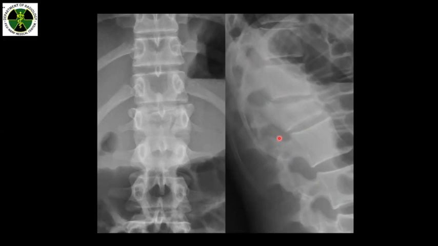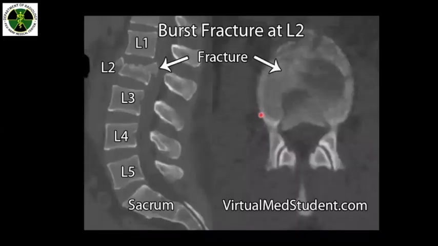Again, burst fracture is a fracture involving the anterior and posterior parts of the vertebral body with extension into the posterior elements. This is another burst fracture. In CT scan, we can better delineate all the fragments of the burst fracture, and in axial, we can even see the fracture lines dissecting the vertebral body.